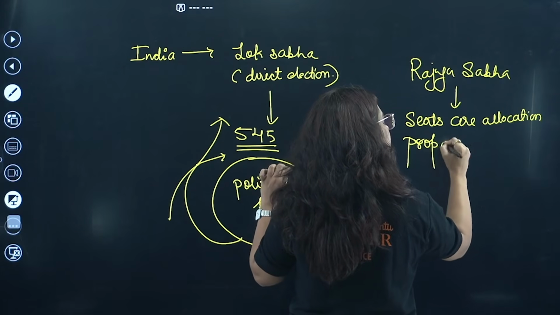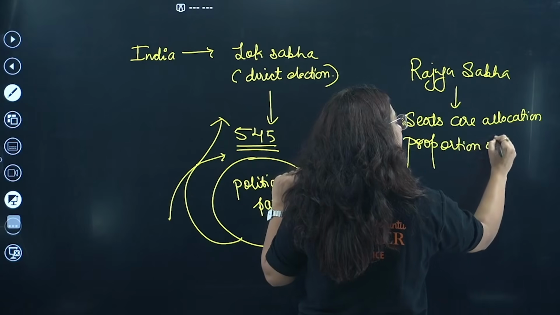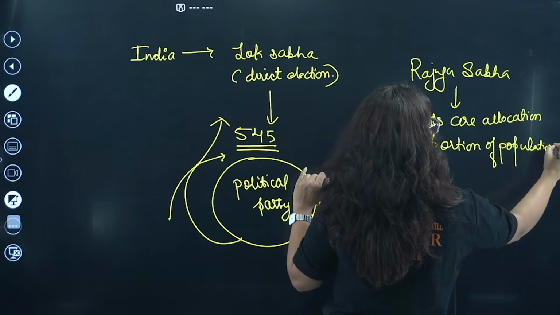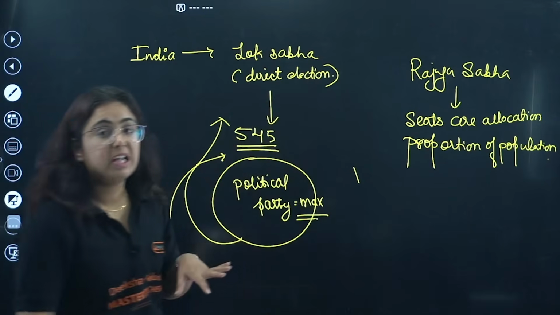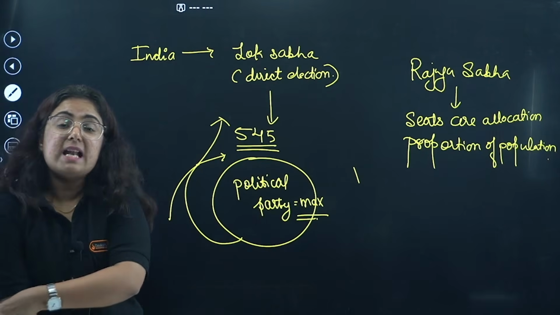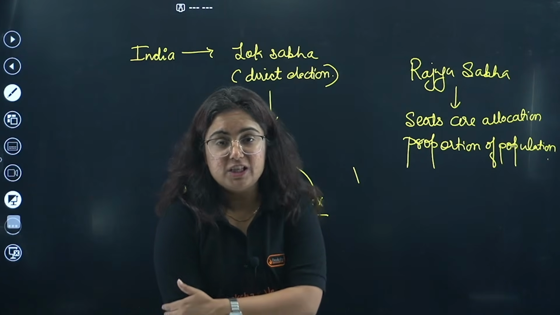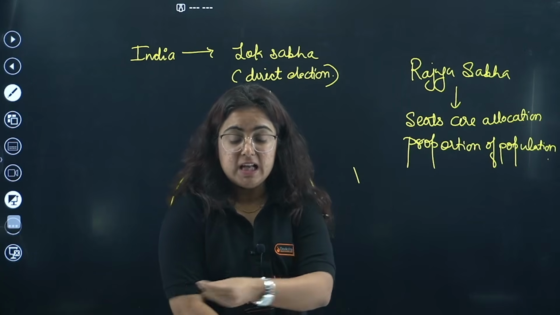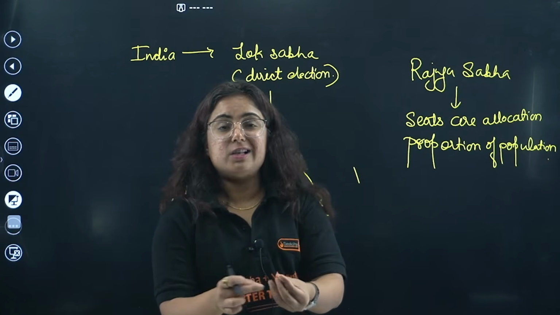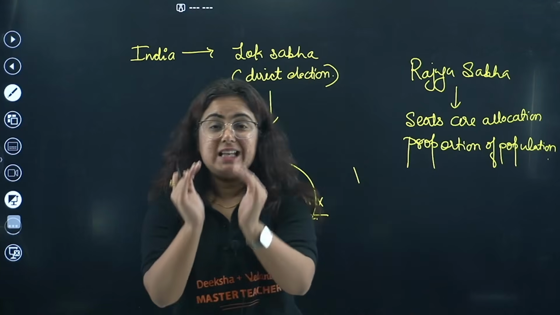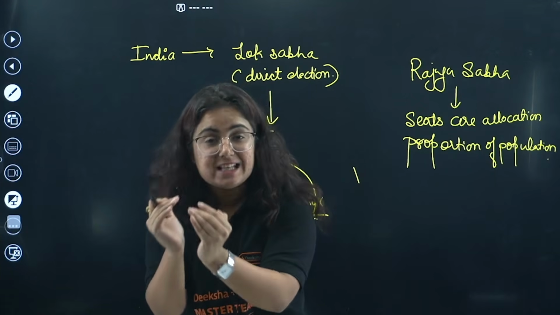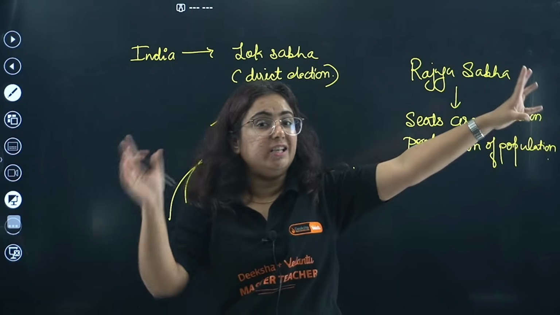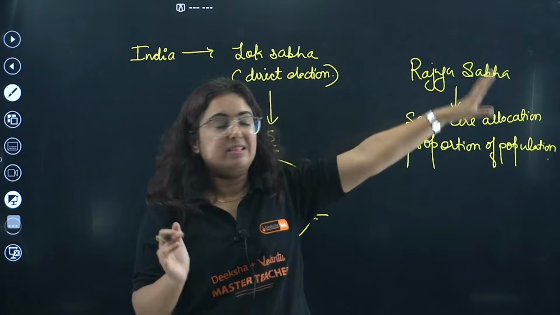Now there are states with a high number of population and states with a low number of population. Whenever the result of the election comes, we see which state had the highest percentage for that political party, and then we allocate the seats. It is not fixed.